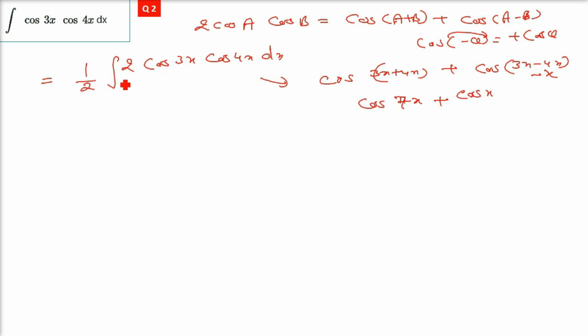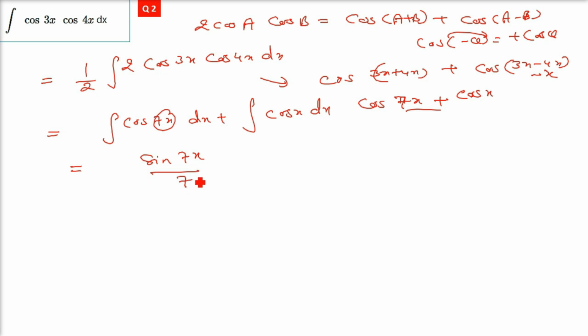So we are going to integrate this cos 7x plus cos x. Half is already there, we will deal with this half later. Let me integrate these two terms first. Cos 7x. What is the integration of cos theta? It's sin theta. Differentiation of 7x is 7, divided. Again, cos x is sin x, and then x differentiation is 1.